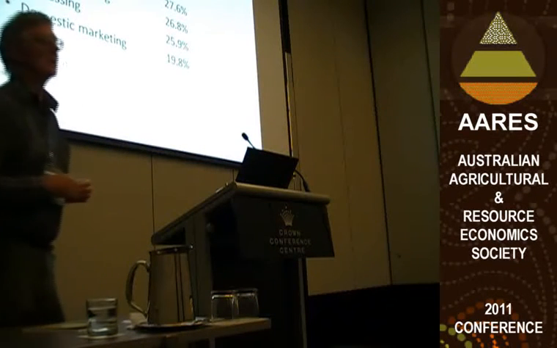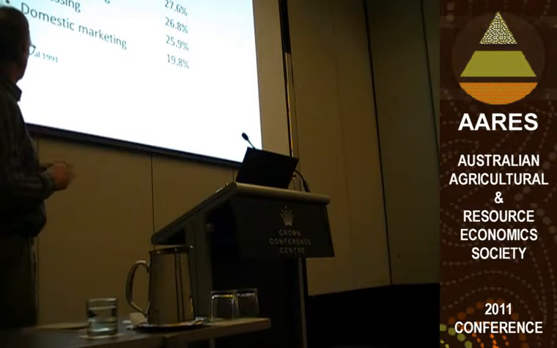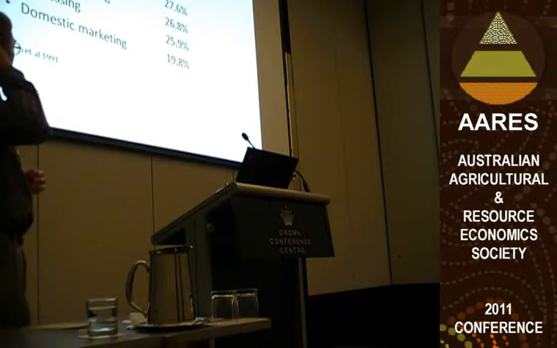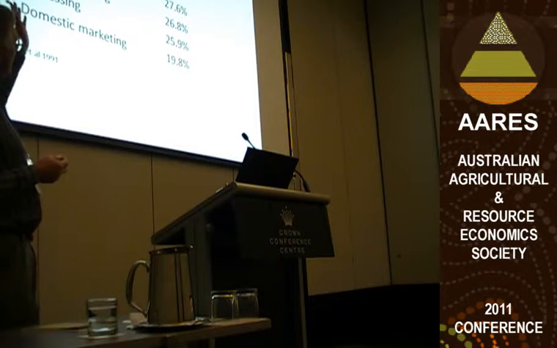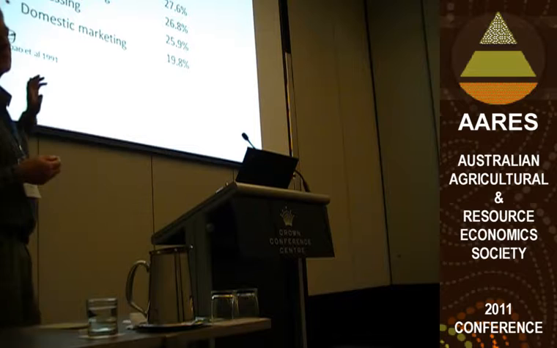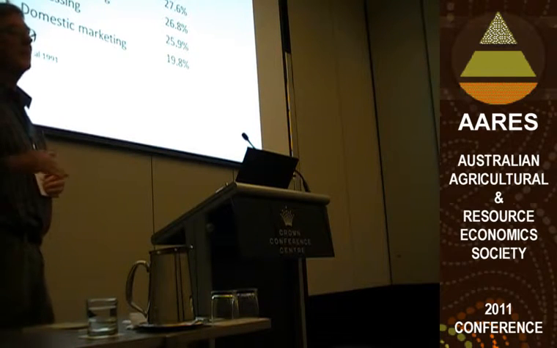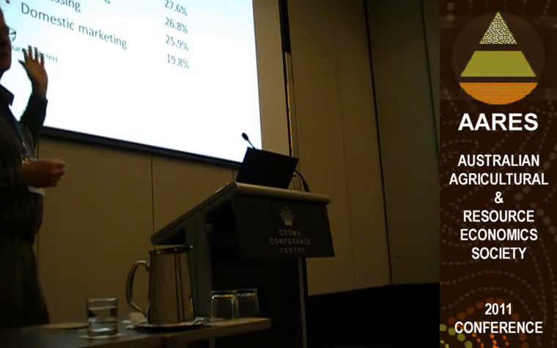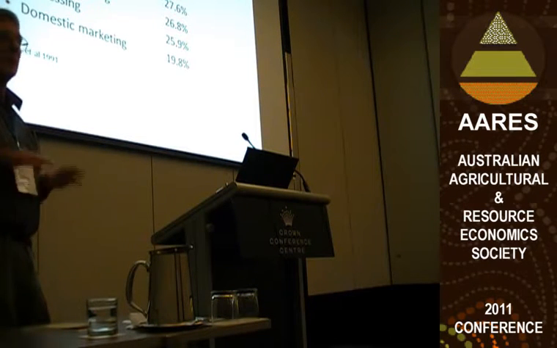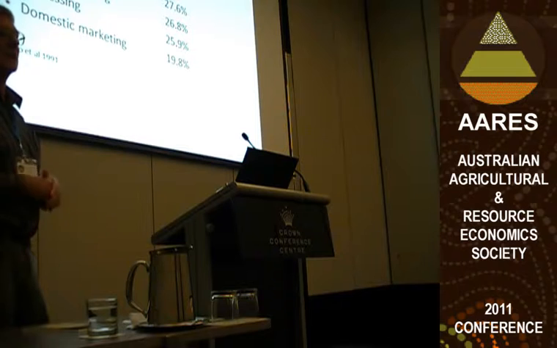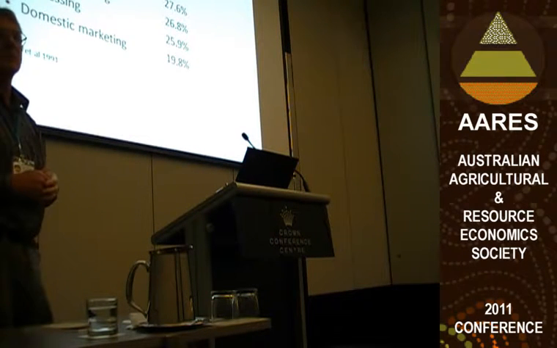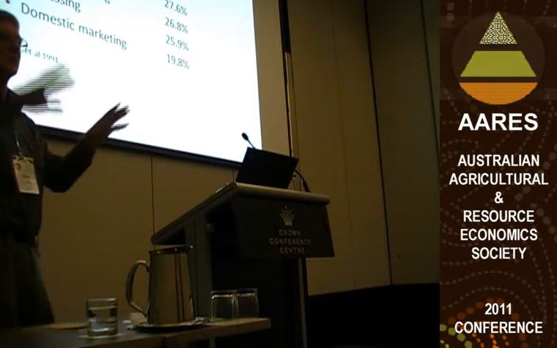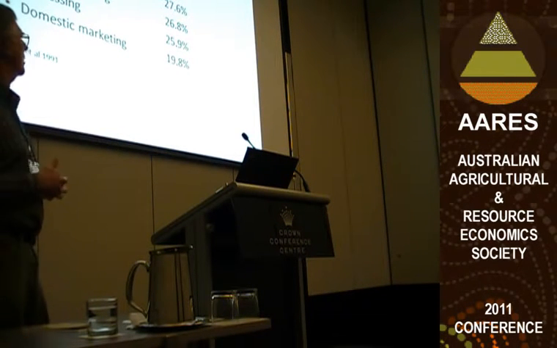So here's some work that I was involved in with Xian Zhao way back in '91. All these are just 1% changes in the cost of production at different levels of the beef market. If there's a reduction in cost of production at the farm level, in weaner production, the very lowest level of the market, producers get about a third of the total benefits of that investment, scattered across all of the markets and all of the different products.